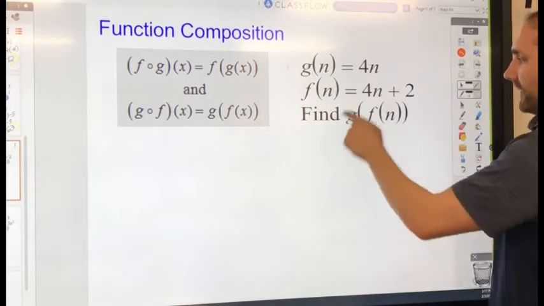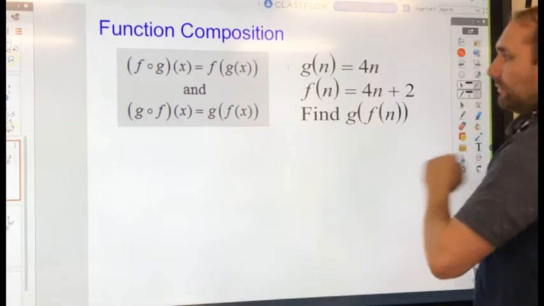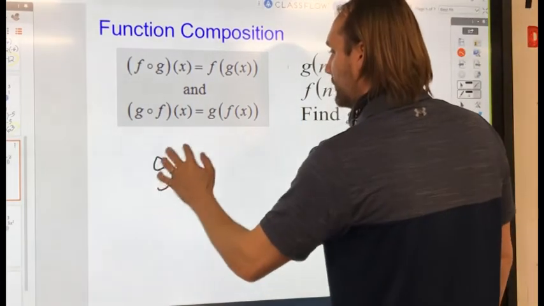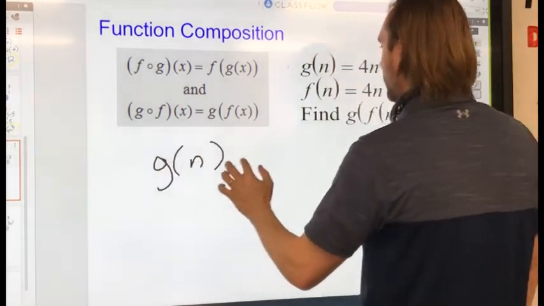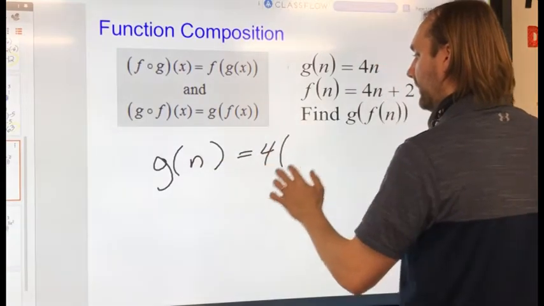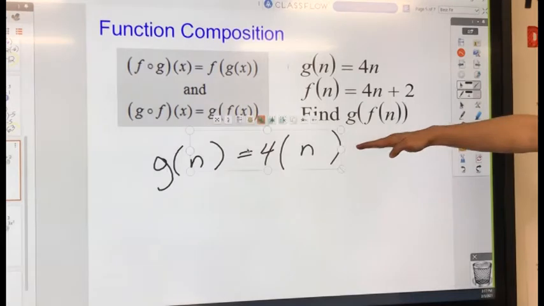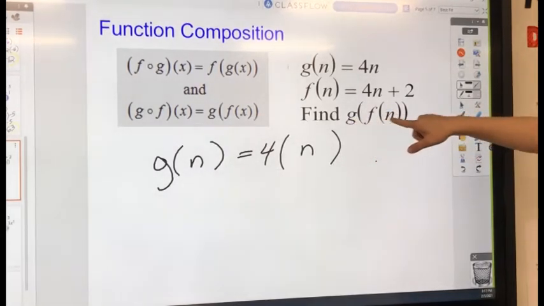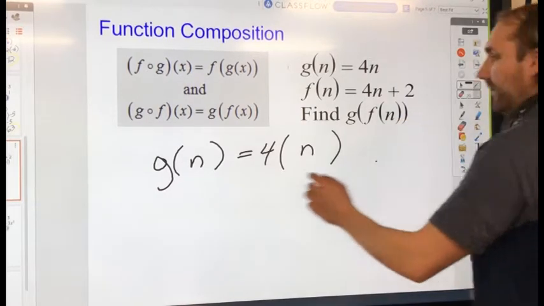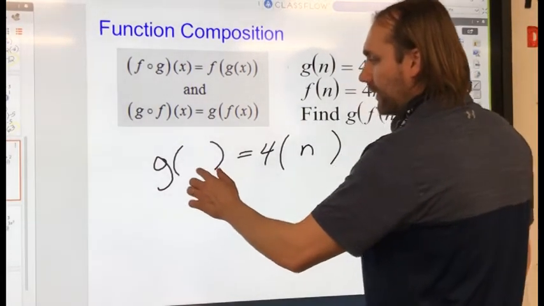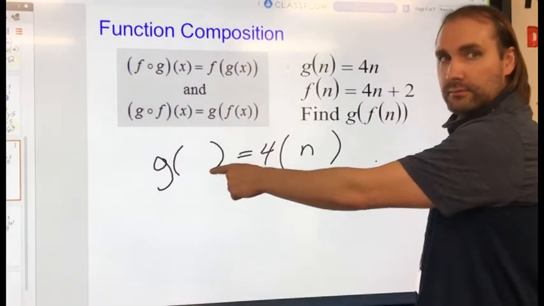So let me look at the outside. I have g. So let me rewrite g. G of n equals 4 times n. With me so far? I'm just writing g. That's my function on the outside. What happens with f of n is replacing my variable. This variable is just a number, right?